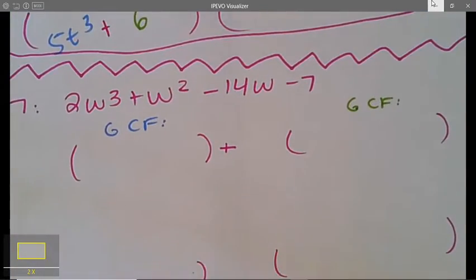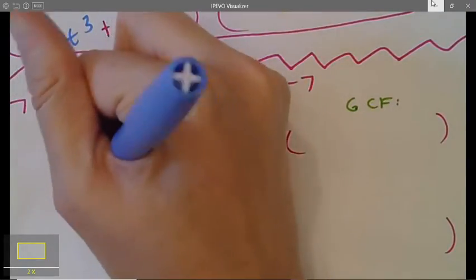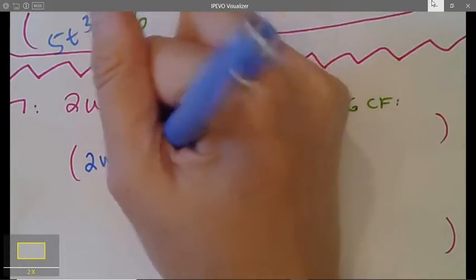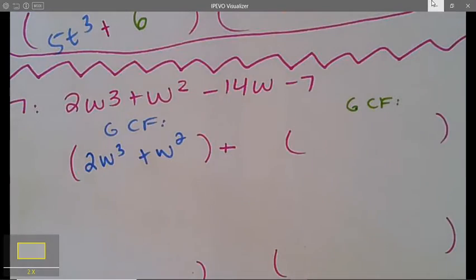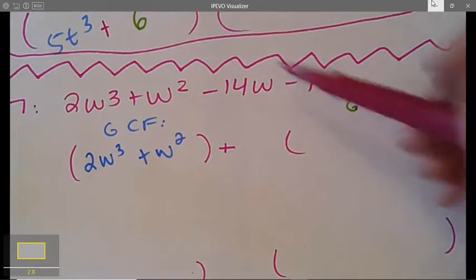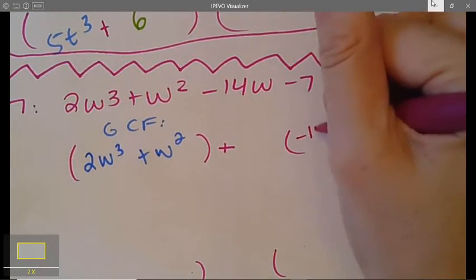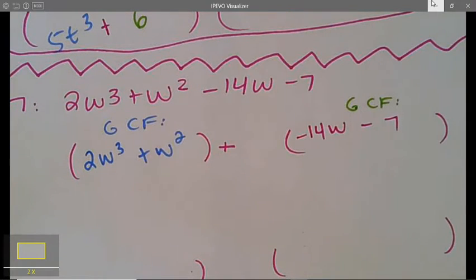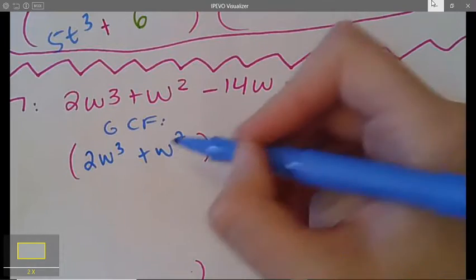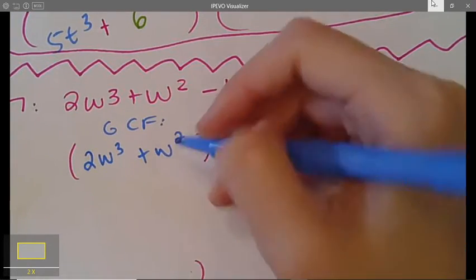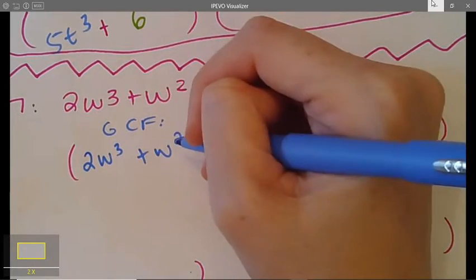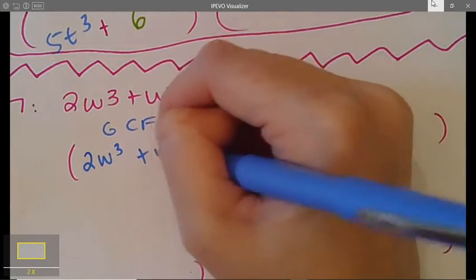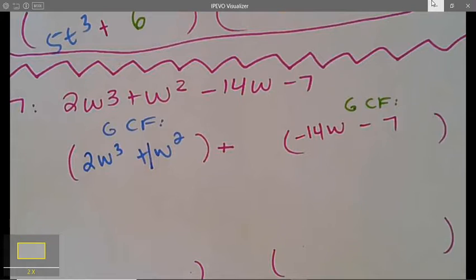So let's get started. I'm going to group together my first 2 terms, which are 2dw to the third plus w squared. All right, and then my last 2 terms are negative 14w minus 7. Okay, so let's factor out the GCF. In my first parenthesis, I don't see a number in front of my w squared, so there secretly is a 1 there.